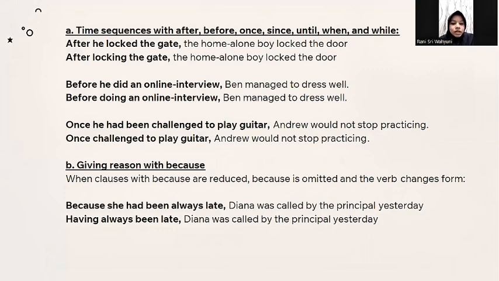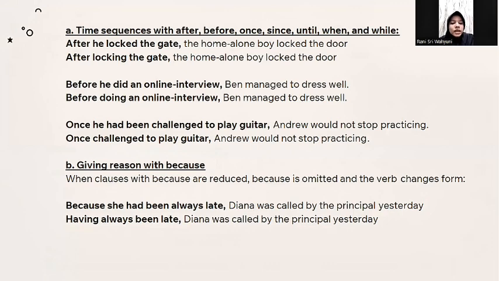After he locked the gate, the home alone boy locked the door. After locking the gate, the home alone boy locked the door. Before he did an online interview, Ben managed to dress well. Before doing an online interview, Ben managed to dress well.